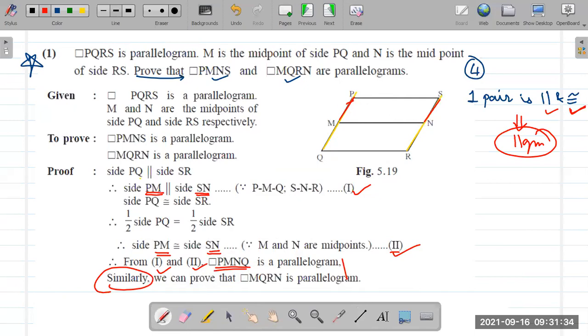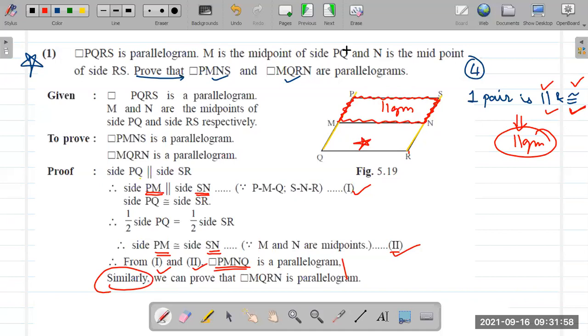Half of it is PM. So PM is congruent to SN. They are parallel and congruent pair. Therefore, PMNS, this quadrilateral is a parallelogram. And using the same method, we can prove that this lower one, that is MQRN, is also a parallelogram.